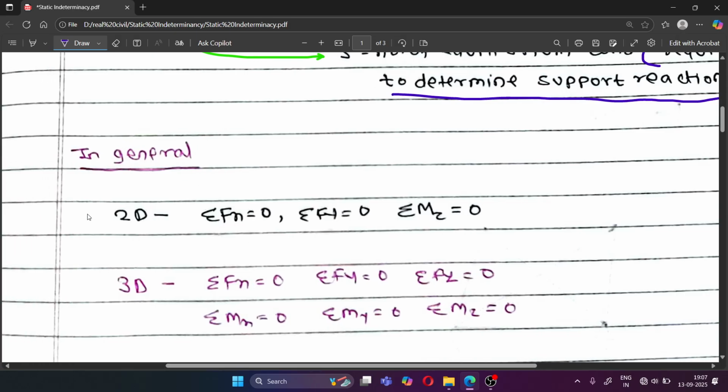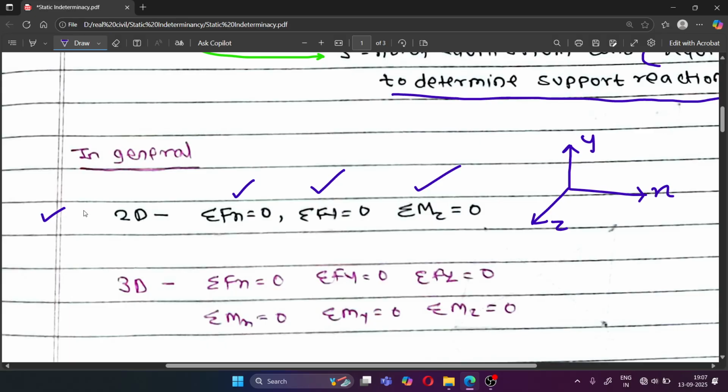Before that, let me tell you, if we are analyzing a structure and that structure is two dimensional, then there are three conditions of equilibrium. Suppose this is our axis system, x, y, and z. If the structure is 2D, then the three conditions of equilibrium are: summation Fx is equal to 0, summation Fy is equal to 0, and moment about z is equal to 0.